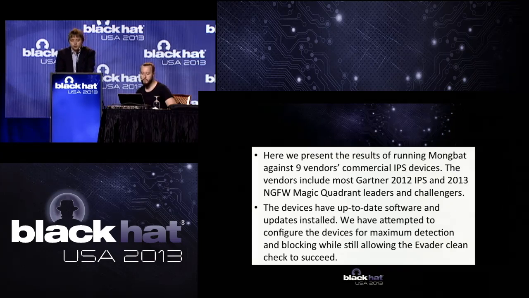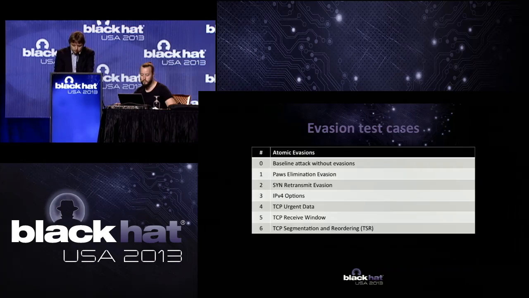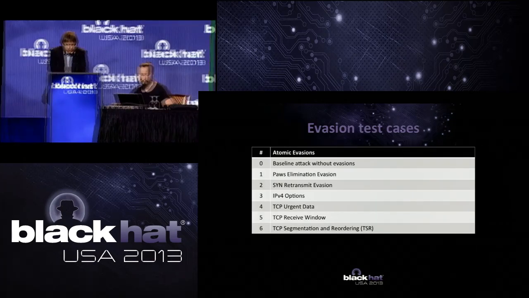We have attempted to configure the devices for maximum detection and blocking while still allowing the evader clean check to succeed. And we have defined 12 different evasion test cases. We've run these with the Monkpad, and only listed evasions are used. If a working evasion is not found within 1 minute of running the Monkpad, the test case is marked failed, otherwise success.